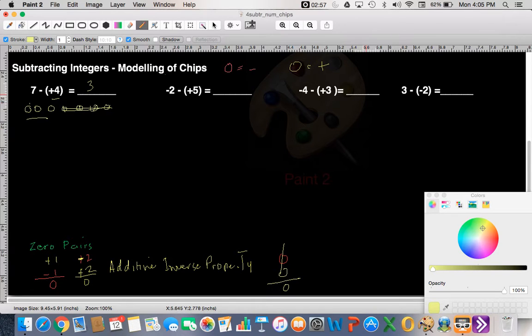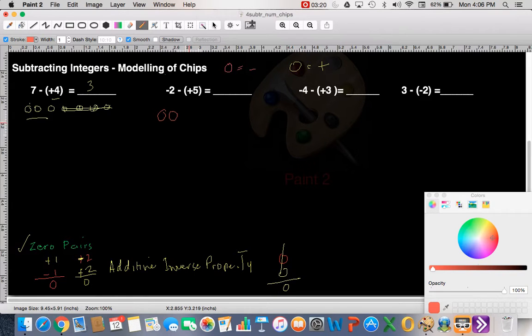Now, in our next 3 examples, we'll be using the zero pairs a lot since we'll be taking away either positive or negative chips. So let's do it right now. You have negative 2, and you are going to take away positive 5.